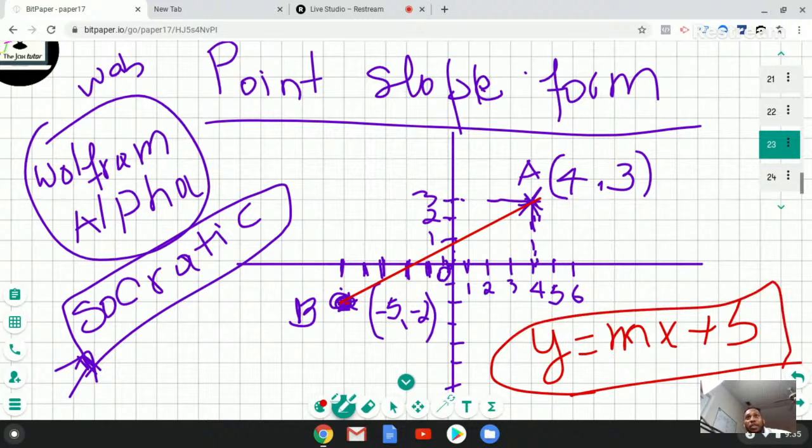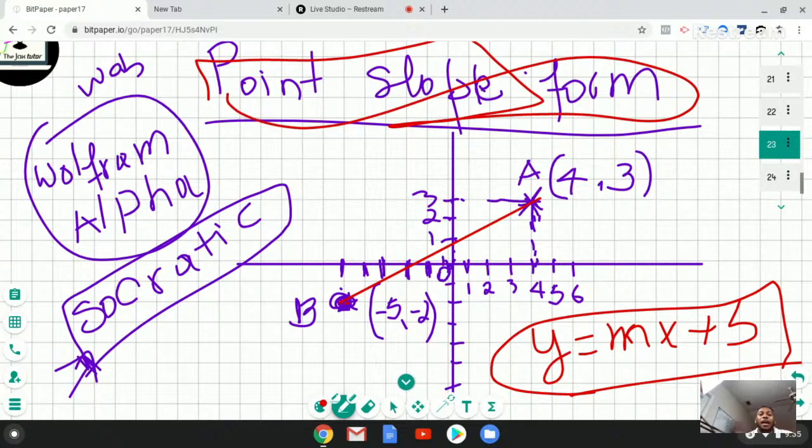But there's also another form that we can represent the same equation in, called the point slope form. The idea of the point slope form is just a different way to represent it, but it also gives you a better representation of what point they used to write the equation.